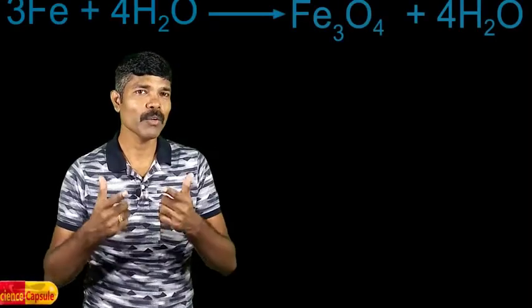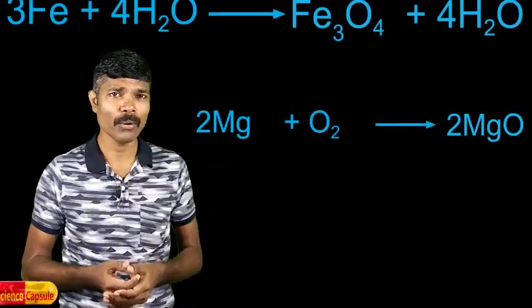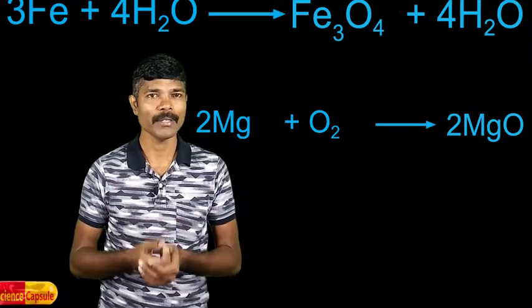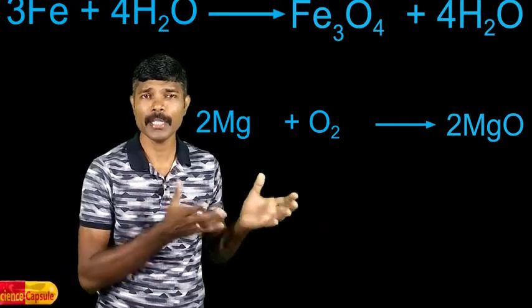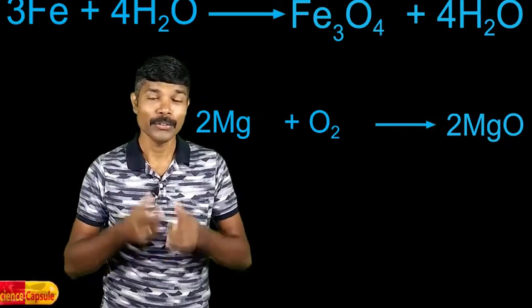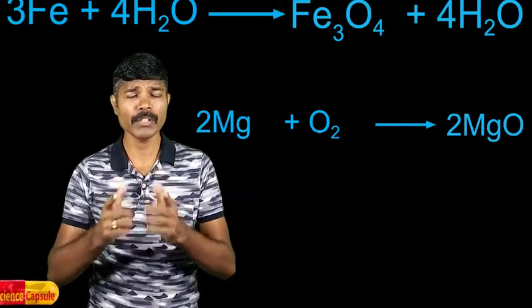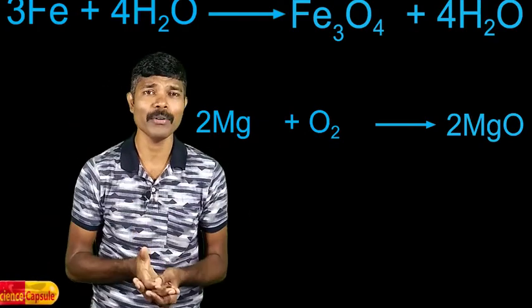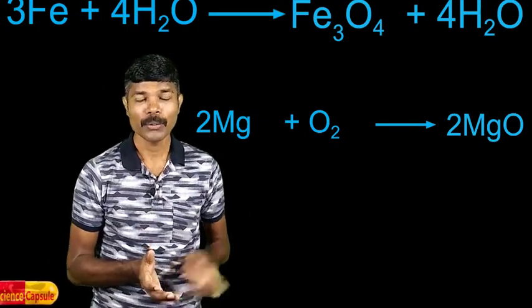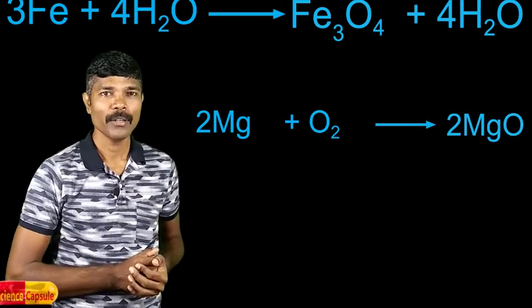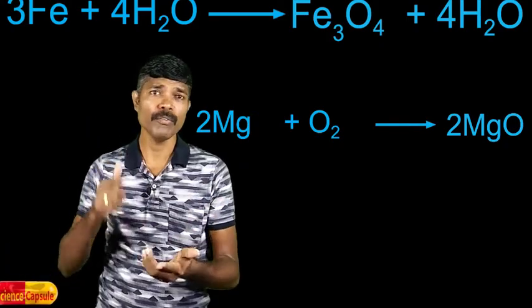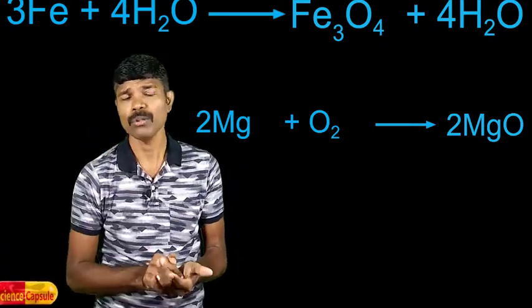The chemical equation we have written does not show anything about the states. In which state the reactants and the products exist has to be written. A chemical equation is the one which gives complete information about a chemical reaction. So here states are missing. Whenever we write a chemical equation, we should write the states also.